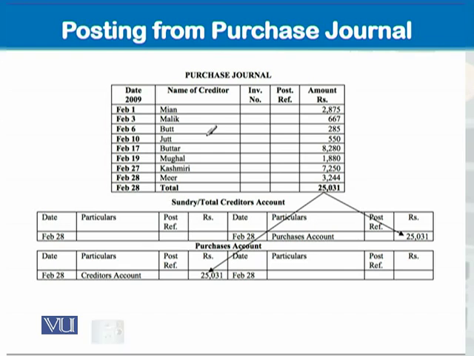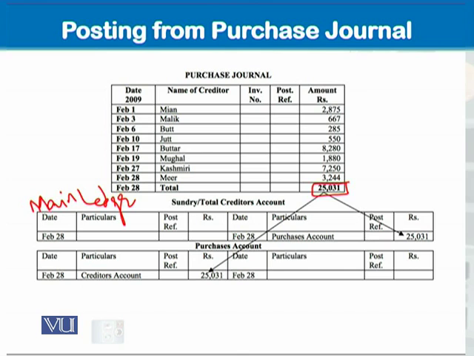So this is its total, 25,031, and this total is now to be posted in the main ledger, and we have to post it into the relevant ledger accounts.